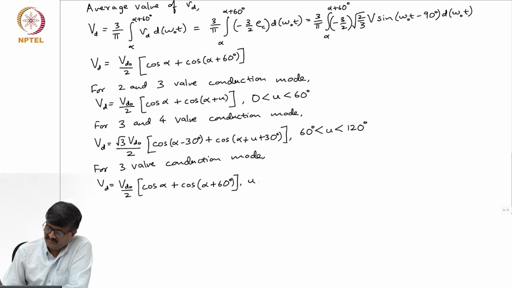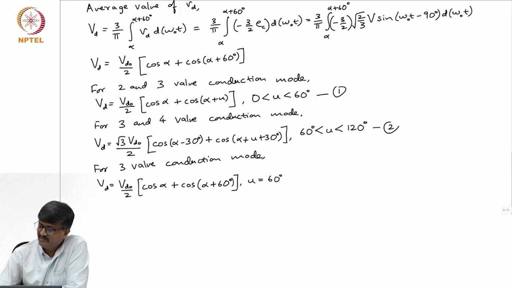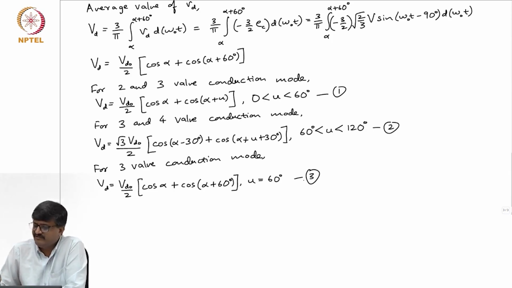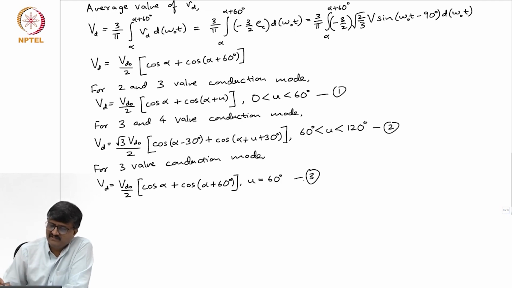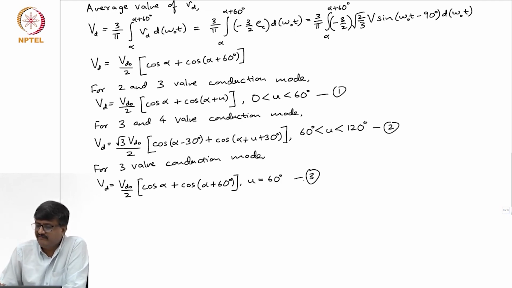So this is applicable for u equal to 60 degrees. So let me call this equation 1 now. This is equation 2 and this is equation 3. Now the idea is to show that I can just use equations 1 and 2. I mean, essentially showing that equations 1 and 2 are valid for u equal to 60.